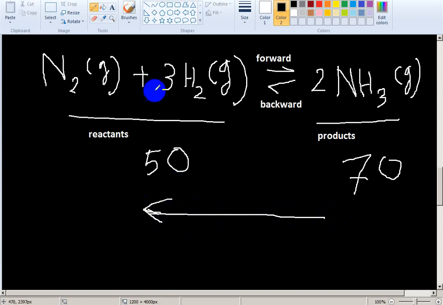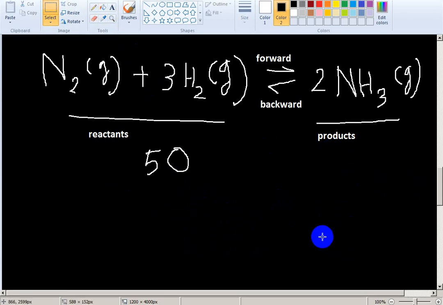Again, it remains in equilibrium, like this is 50-50. If the reactant concentration is decreased, what will happen?